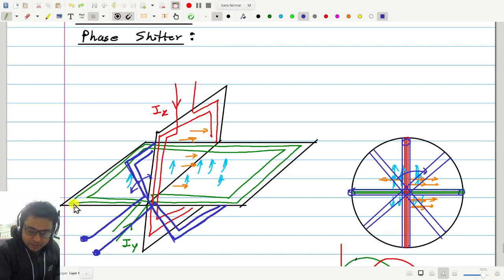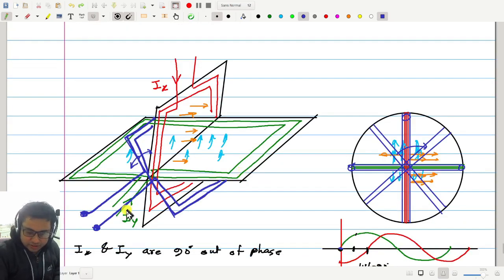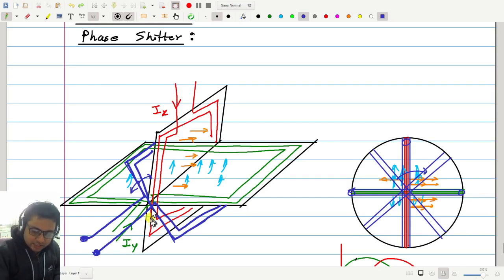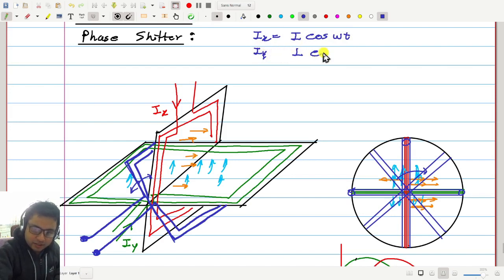Suppose this green current is Iy, and this red current is Ix. Let Ix equal some magnitude I cosine omega t, and Iy the same I but cosine of omega t minus 90 degrees.